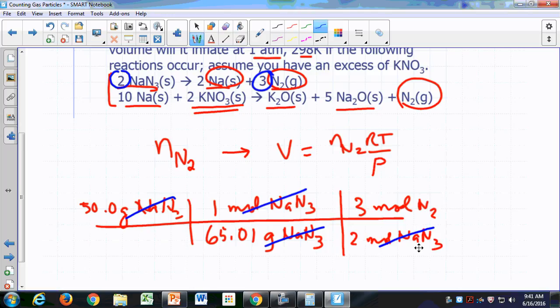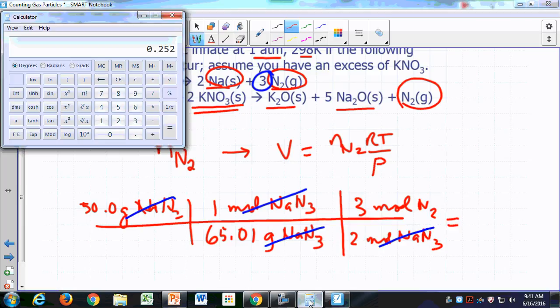That gives you moles of nitrogen from the first reaction. So that gives us 50 divided by 65.01 times 3 divided by 2. That's 1.154 moles of N2. 3 sig figs, so 1.15. I have 3 sig figs over here.